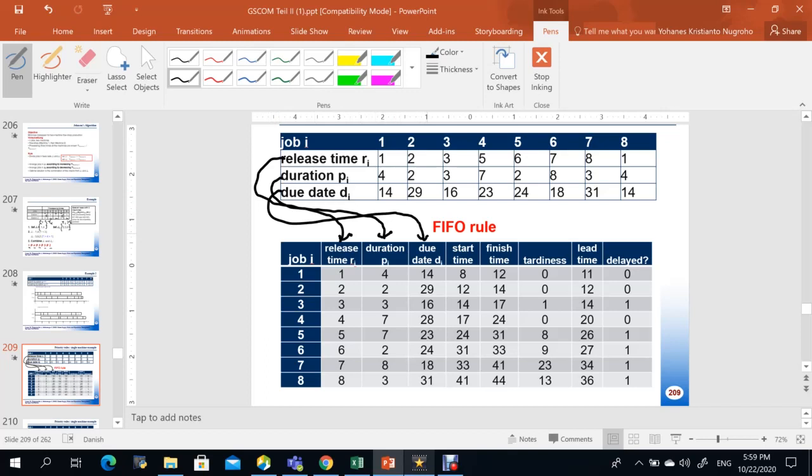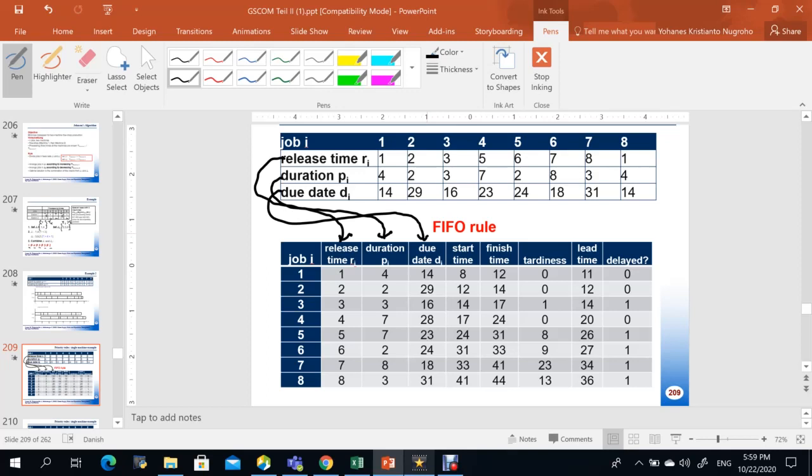Alright? So the first start time according to the FIFO rule for job number 1 is at minute or hour number 8. And then we can conclude that before minute number 8 there are no activities in the machining department. So this will be our start time for the entire jobs.